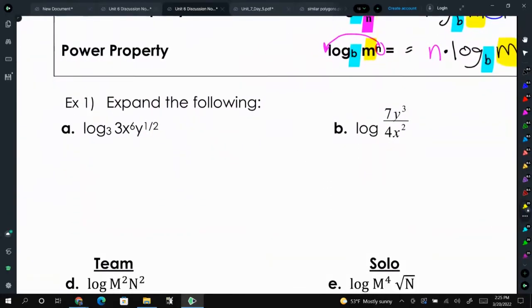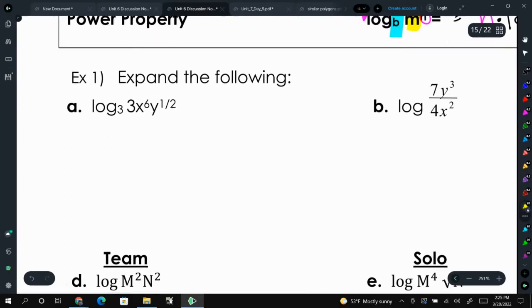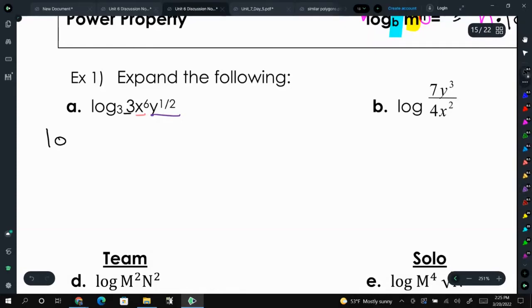We're going to expand the following logarithms. So I have a couple things being multiplied. I have 3, x to the 6th, y to the 1/2. So this is going to be rewritten as log base 3 of 3 plus log base 3 of x to the 6th plus log base 3 of y to the 1/2 power.